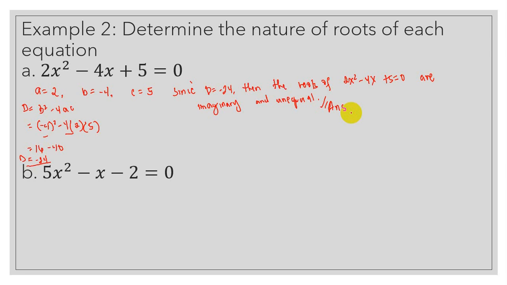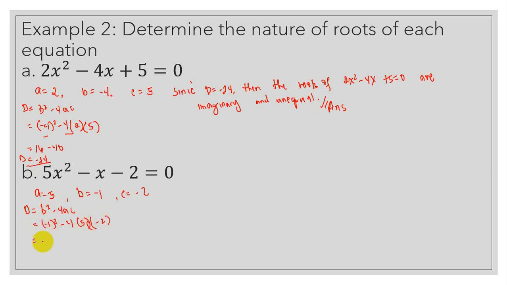Check if it is arranged in standard form. Okay, and yes, it is arranged already. Then you identify the values of a, which is 5, value of b, which is negative 1, and then the value of c, which is negative 2. Substitute to the discriminant formula, b squared minus 4ac. b is negative 1 squared minus 4 times a, which is 5, and c, which is negative 2.